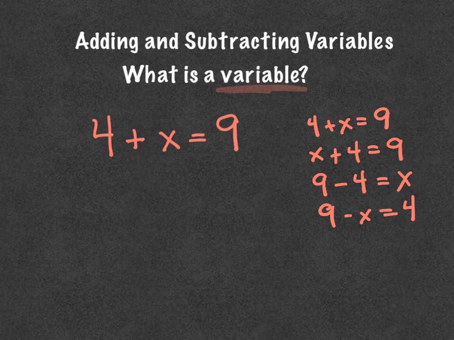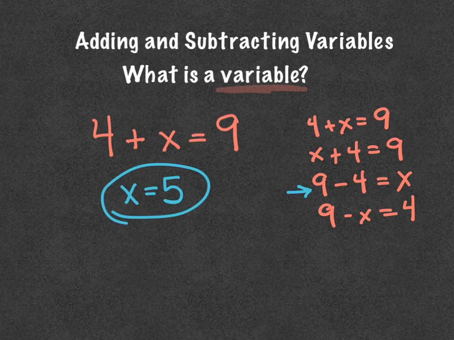So the one that's going to help us the most is probably this one right here, because 9 minus 4 equals x. So 9 minus 4 we know is 5. So x equals 5. So the way that you show your solution for this is to say x equals 5.